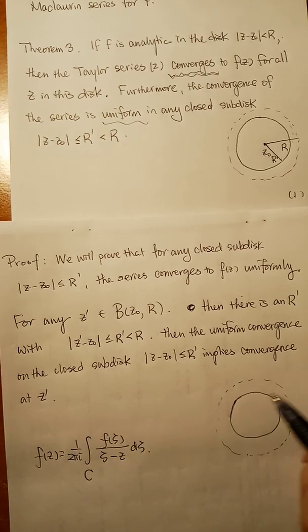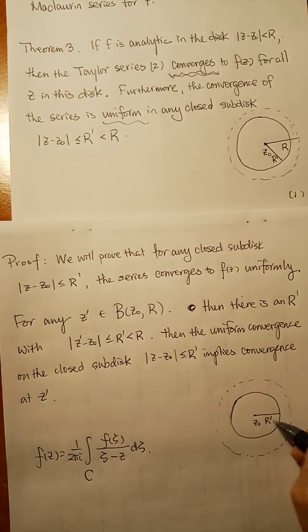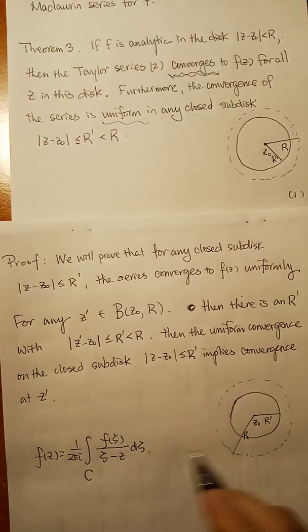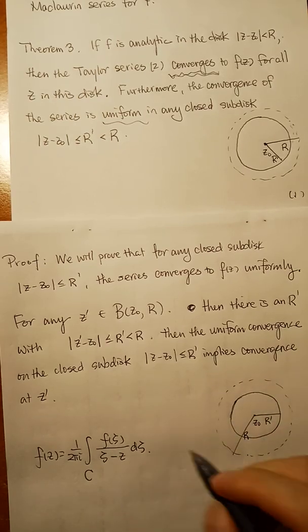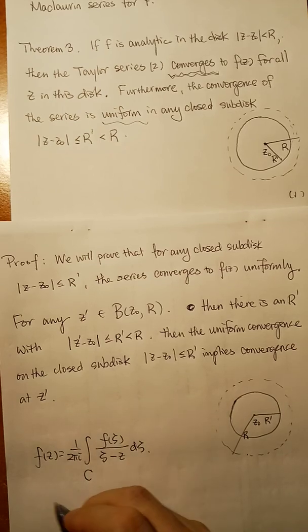So this c in this case cannot be the boundary of this closed disk, because if the contour is the boundary of the closed disk, z has a problem with this denominator.